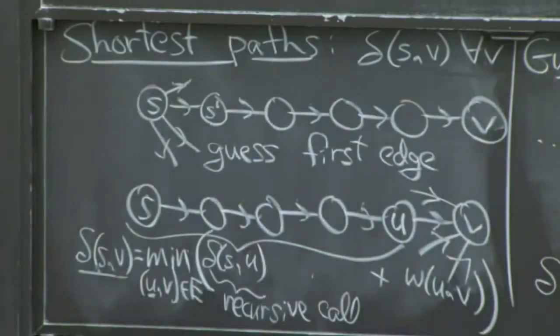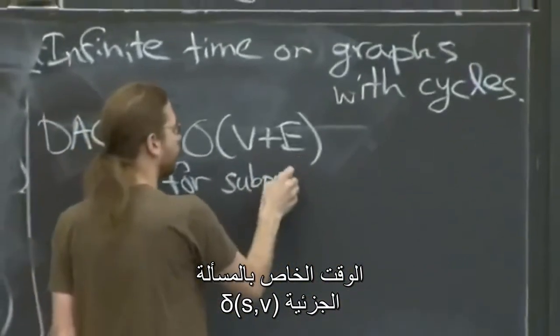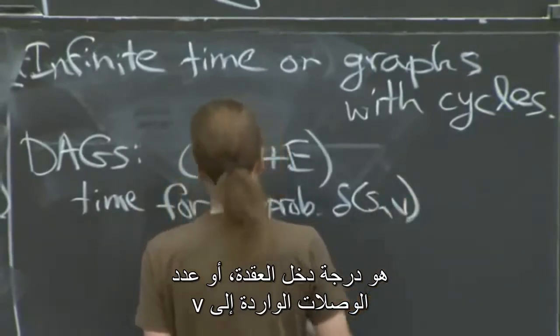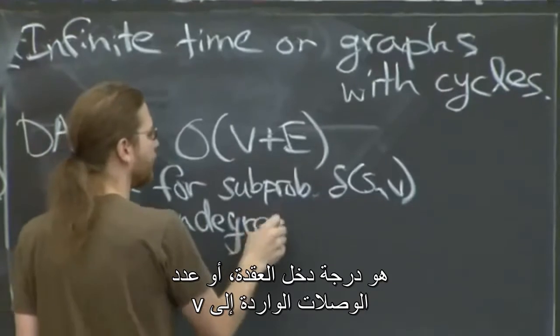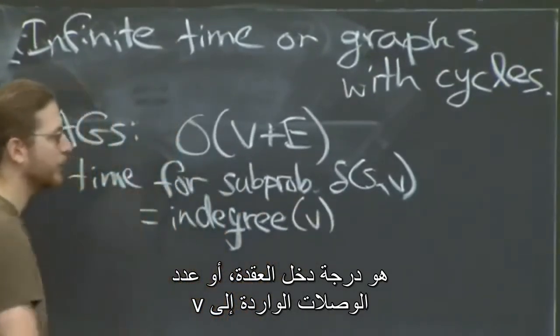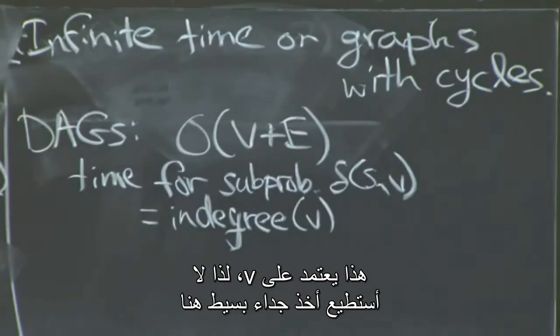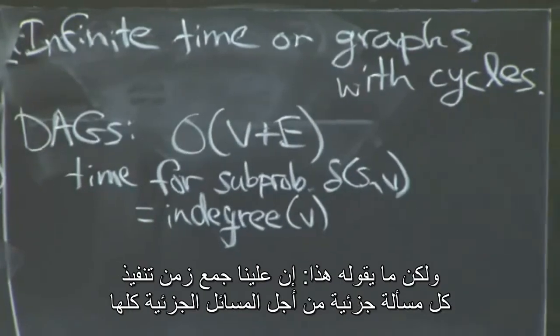So time for subproblem delta of s comma v is the in degree of v, the number of incoming edges to v. So this depends on v, so I can't just take a straightforward product here. What this is really saying is you should sum up over all subproblems of the time per subproblem.